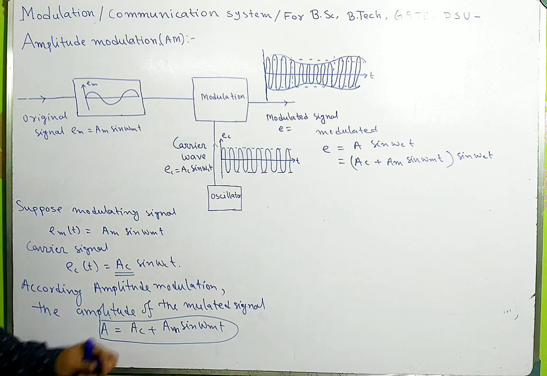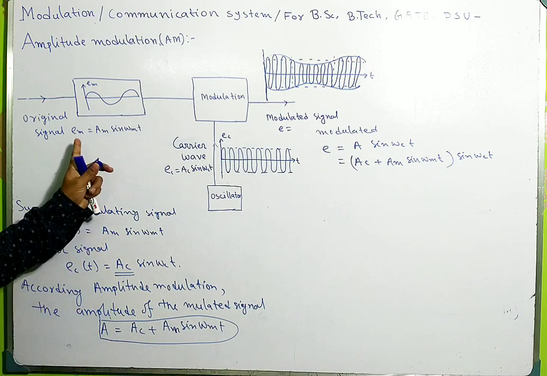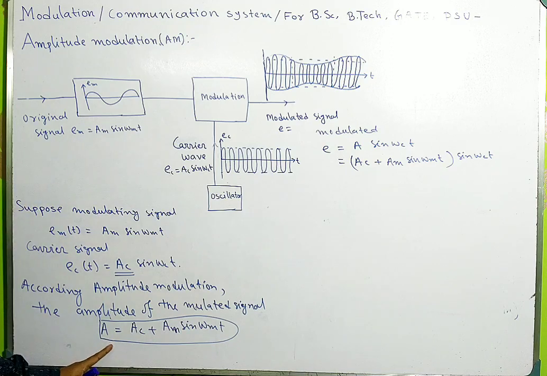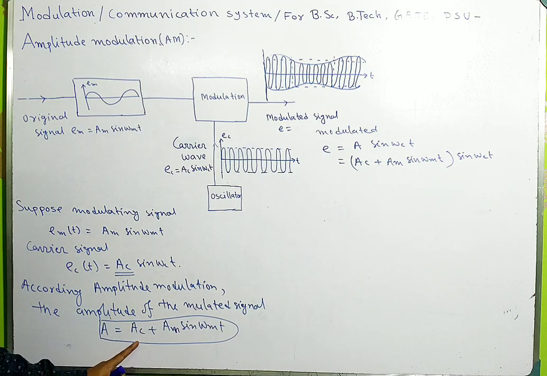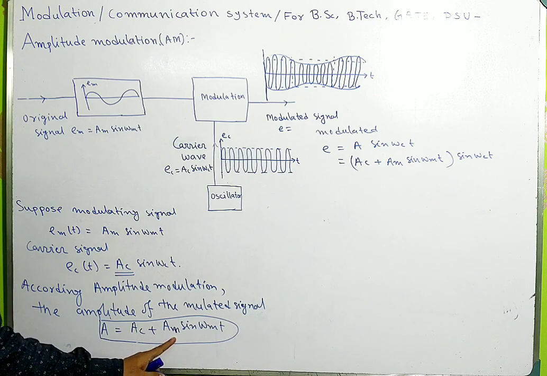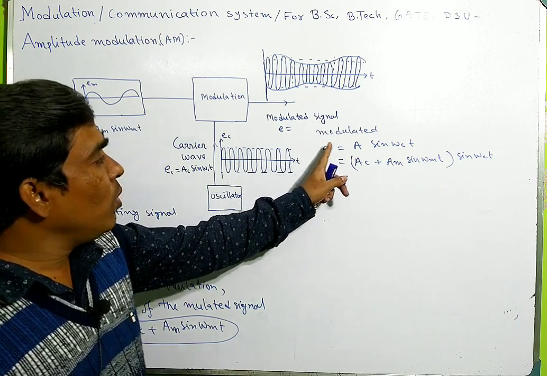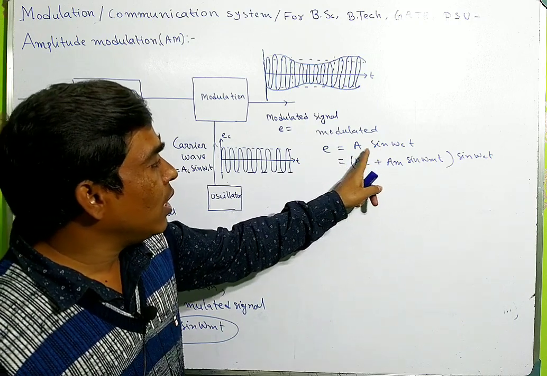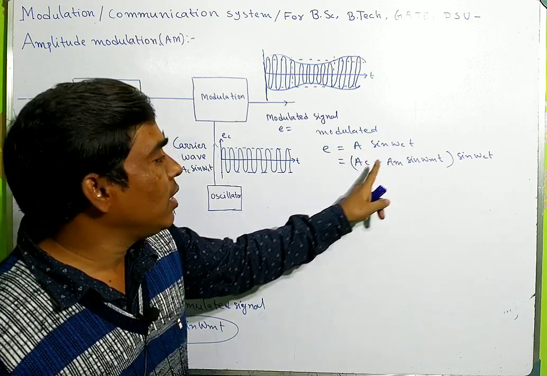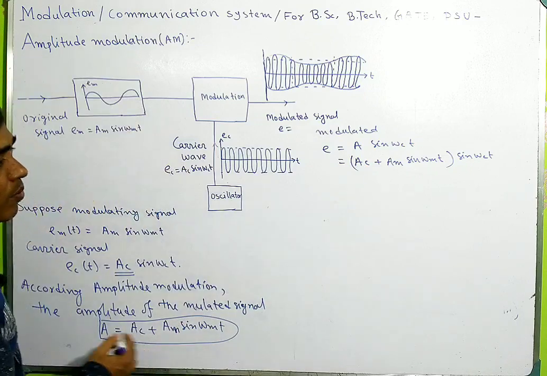This is the mathematical expression for amplitude modulation. So in amplitude modulation, only the amplitude will vary according to the modulating signal.